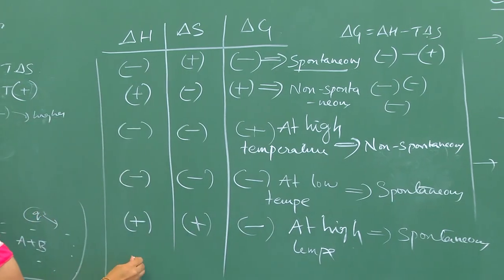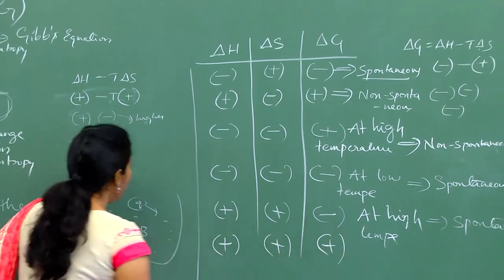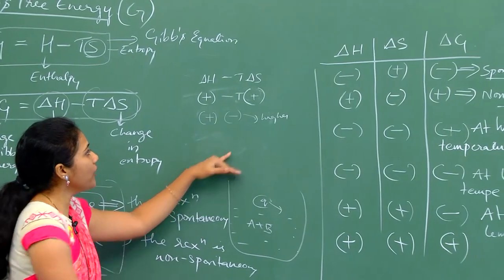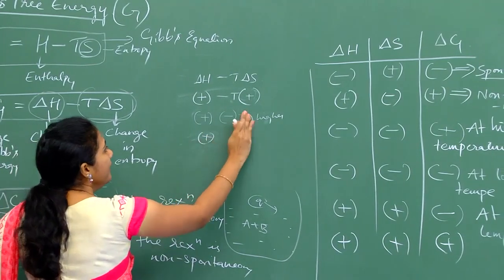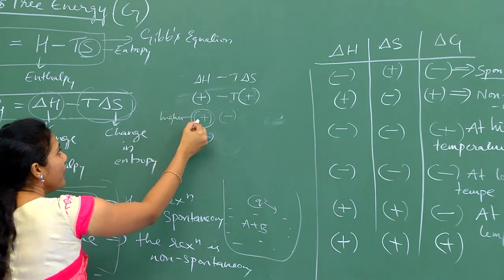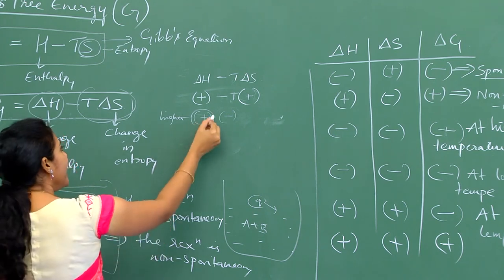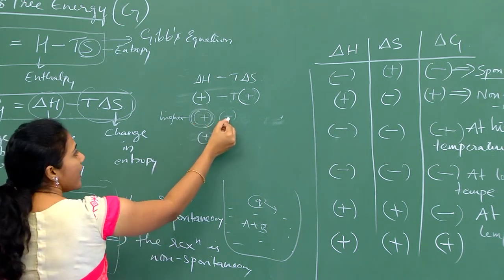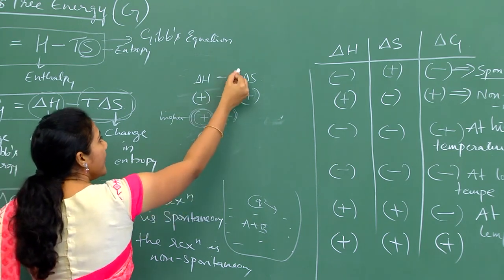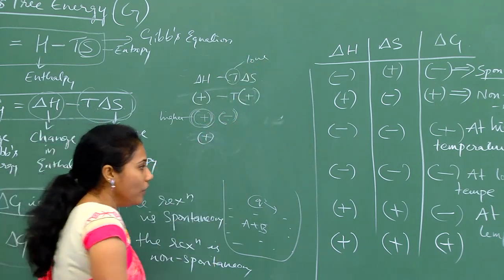Okay. And now, when both are positive, I can also get a positive value when the delta H value is higher. So when do I get this value higher? When this other value is lower. When do I get it lower? When temperature is low. Yes or no?